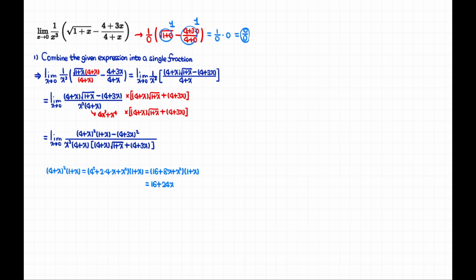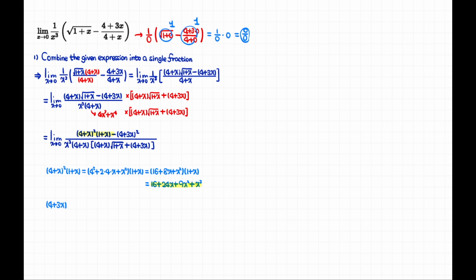So this is the linear term, and where does the quadratic term come from? It comes from 8x times x and x squared times 1, which is 9x squared. And finally the cubic term is only this. So therefore, this equals this.